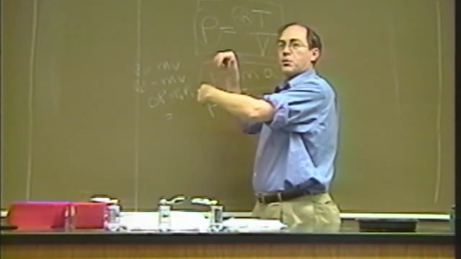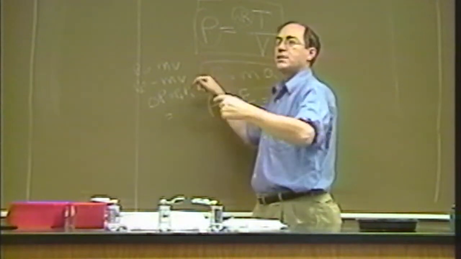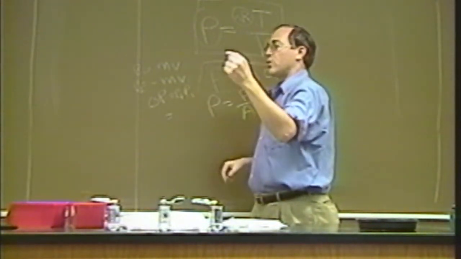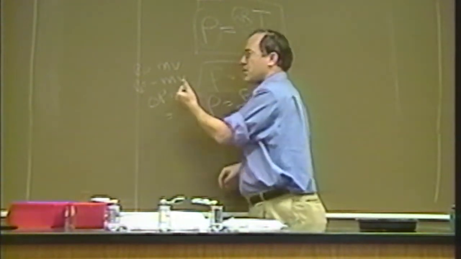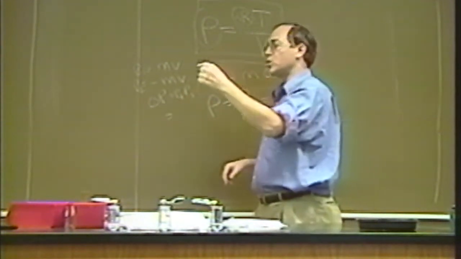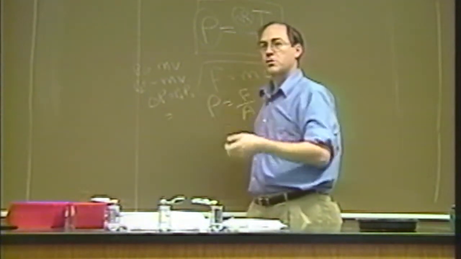How could the total momentum be conserved? It's not the same. One is mv this way, one is mv that way. What has to be true in order that the sum total before is equal to the sum total afterwards?